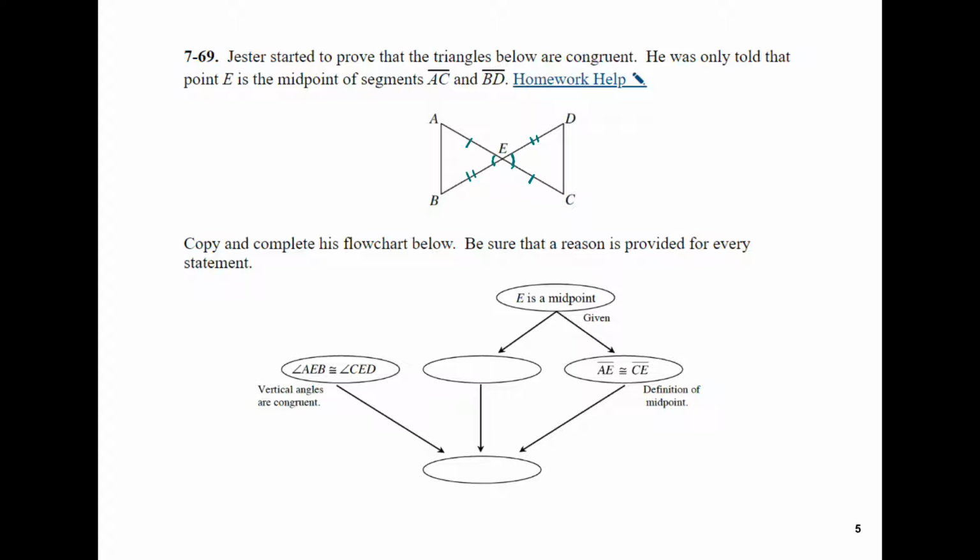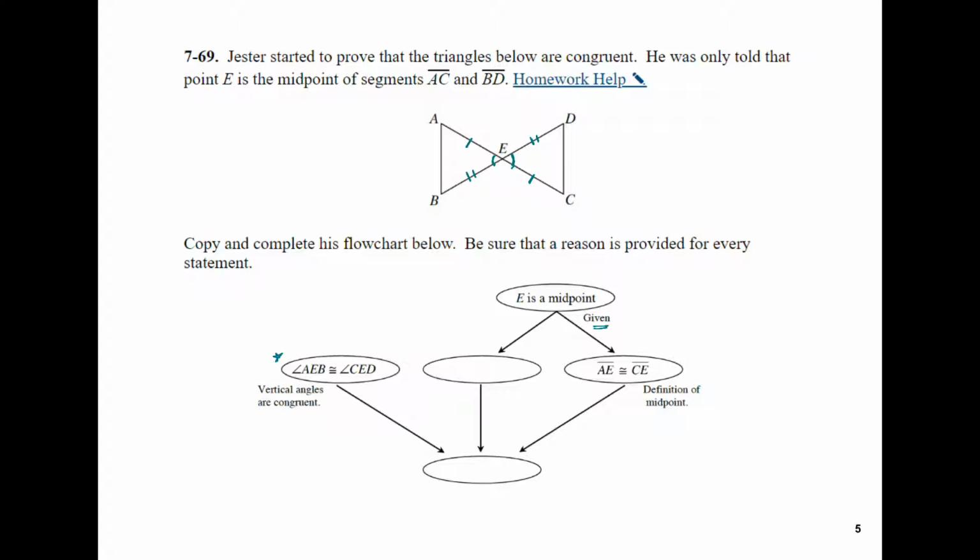So the next step says copy and complete his flowchart below. Be sure that the reason is provided for every statement. So looking at our diagram, we could conclude that angle AEB is congruent to angle CED by the definition of vertical angles are congruent. We were given the fact that E is a midpoint.